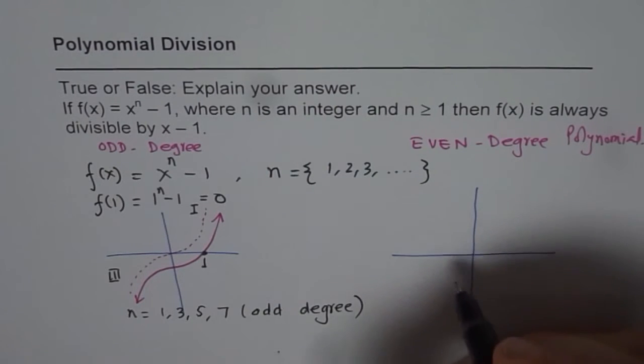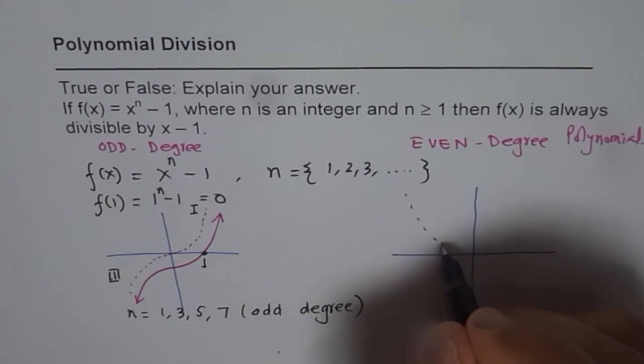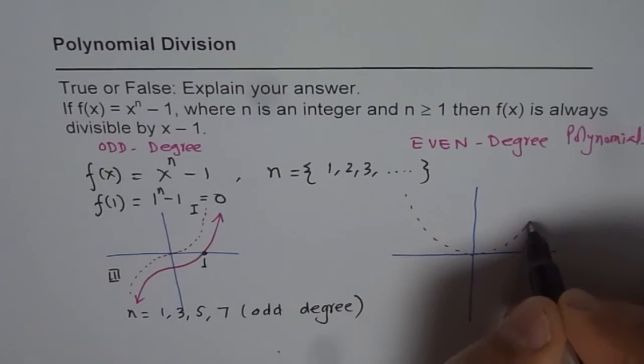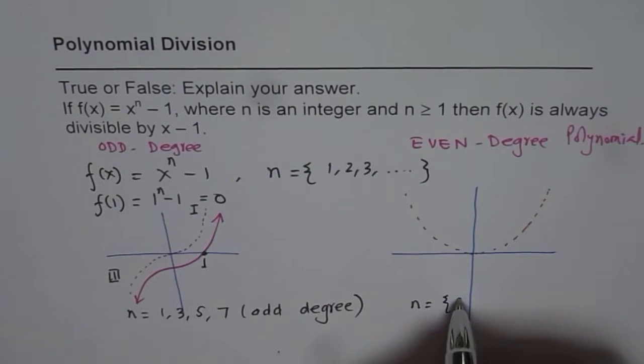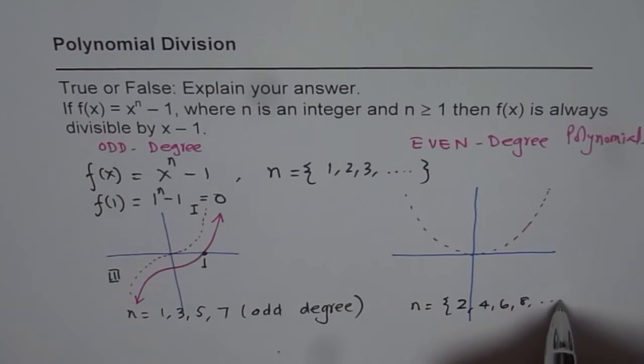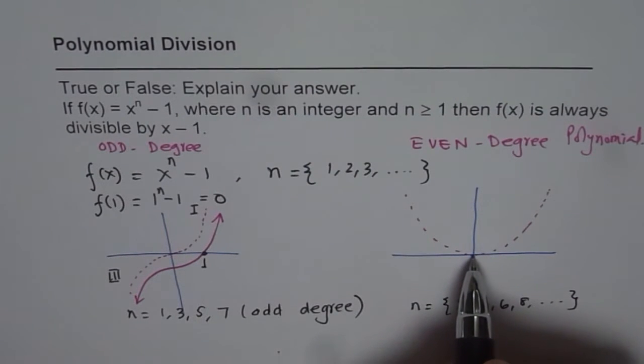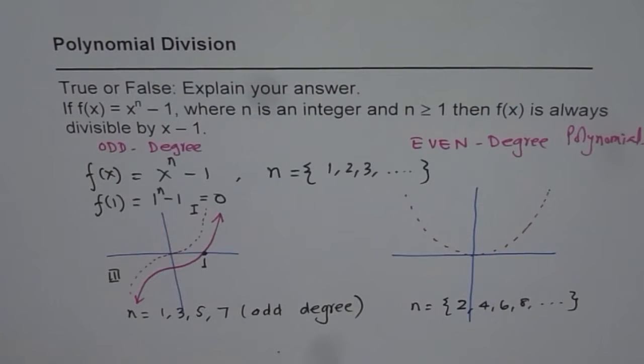An even degree polynomial will have a characteristic graph like this. Now depending on n, which in this case could be any whole number like 2, 4, 6, 8 and so on, the higher the number, the flatter it is going to be at the x-intercept or at the root.